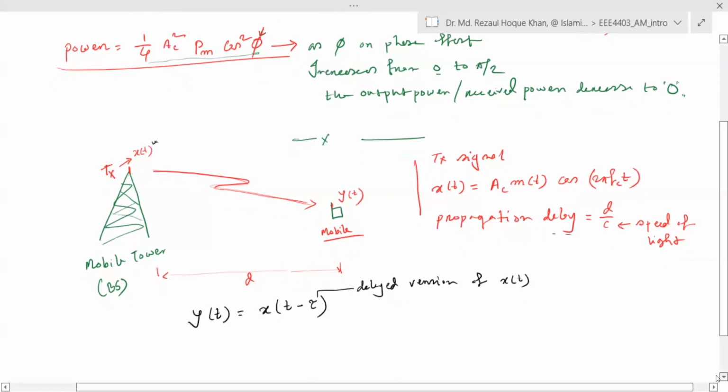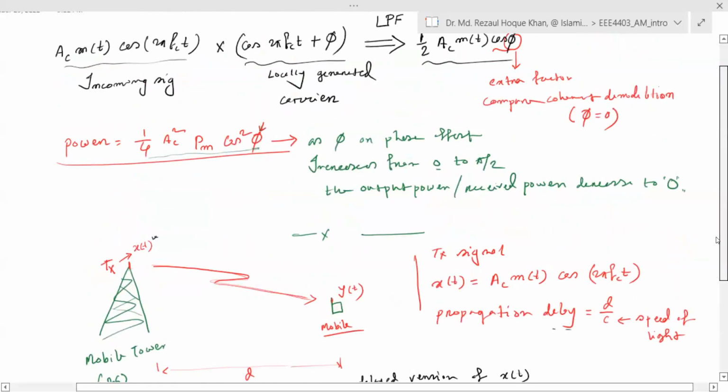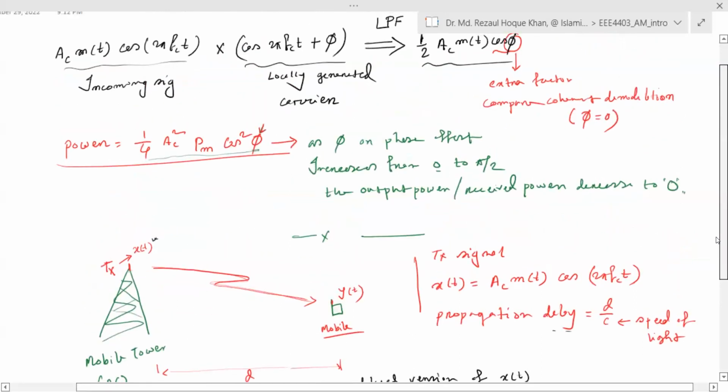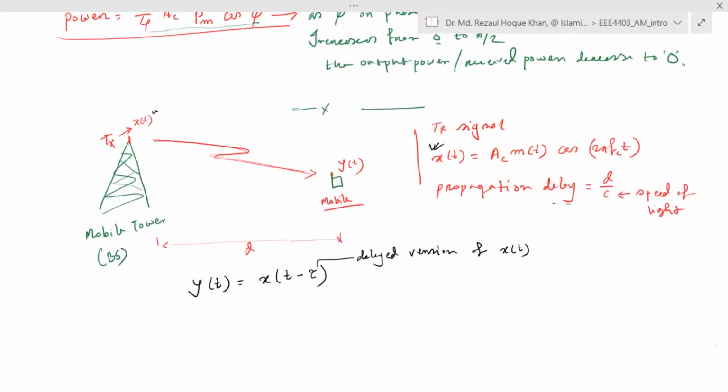If this is the case, then what will be x(t minus tau)?